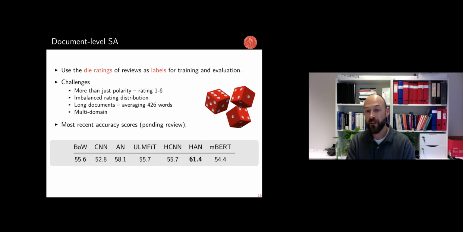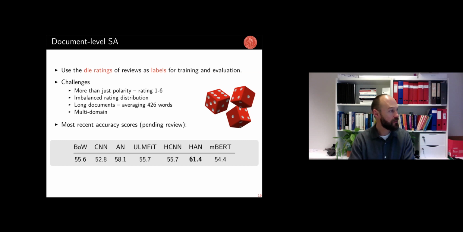There's a hierarchical CNN and a hierarchical attention network, and finally results using the multilingual BERT model. For those of you who are familiar with some of these acronyms from before, that's fine. The best model so far is the hierarchical attention network, with an accuracy of just above 60.